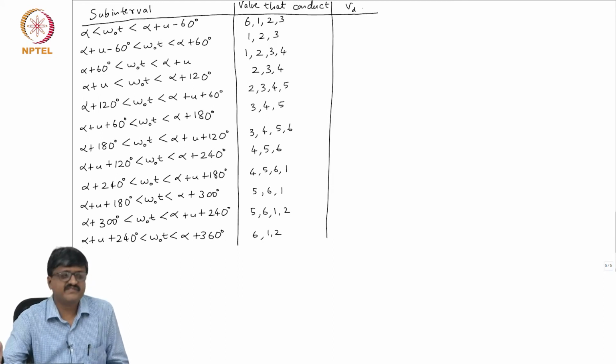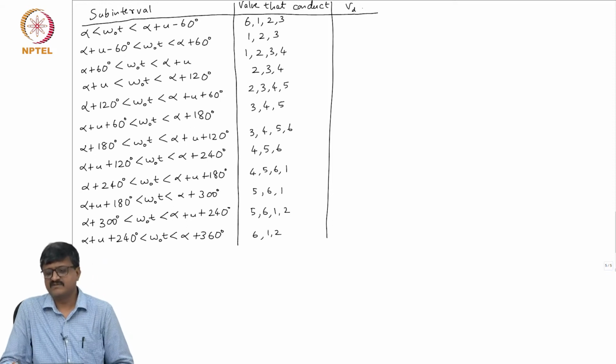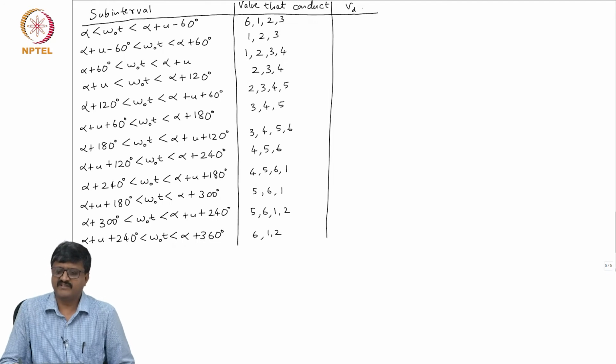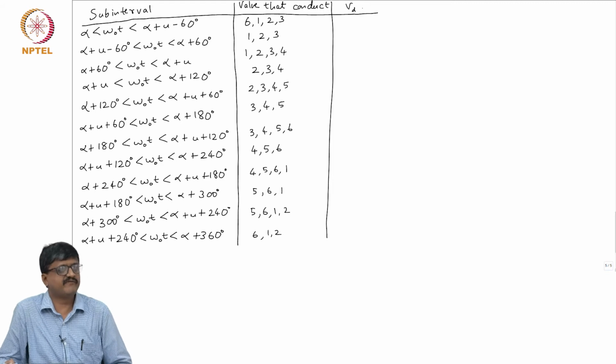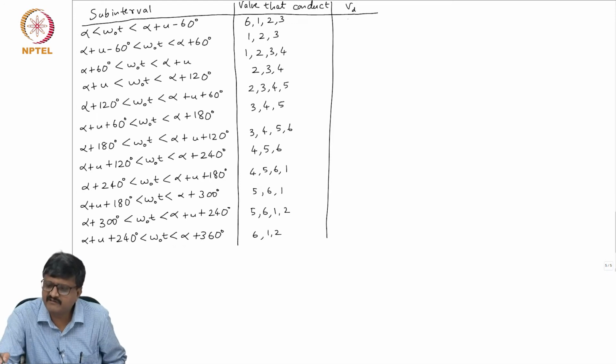If I look at the DC side instantaneous voltage Vd, now it is easy to say what is the expression for Vd whenever 4 valves conduct. Whenever 4 valves conduct, it means there are only 3 legs, so at least in one leg both valves conduct. So, Vd is 0.